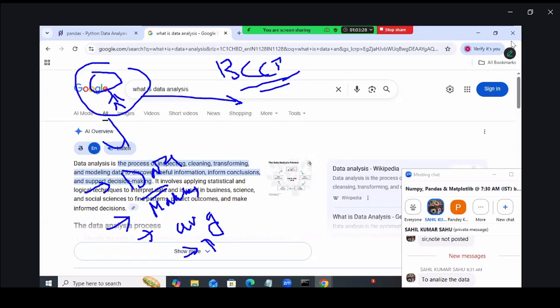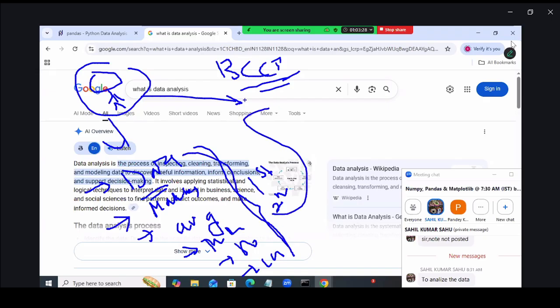Calculate now. Total runs, average, how many 50s, how many hundreds. Analysis is done based on a lot of things. Based on this data, they decide whether to take this player or not.